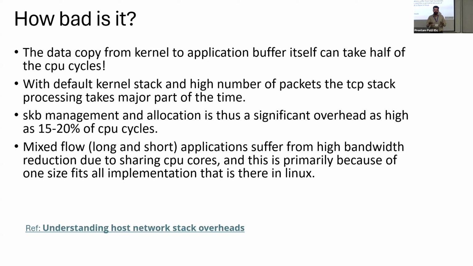And the reason this exists is because the Linux kernel obviously has a design philosophy of one glove fits the hand. And that design philosophy doesn't always work when you have different types of network characteristics from the network traffic. So if you have larger flows versus smaller flows mangling together, one of them is going to get squeezed out, and one of them is going to experience low throughput, high latency, and many bad things.